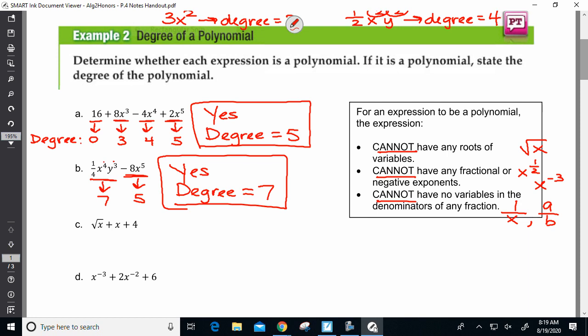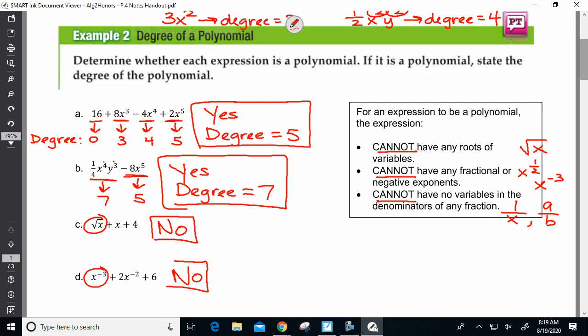Part C, square root of x. Look, we don't have to look at anything else. Square root of x, that's a root. Answer is no. Part D, x to the negative third power, negative exponent. Don't have to look any further.